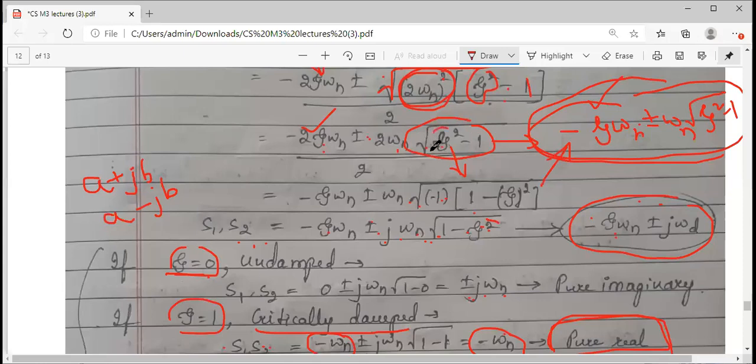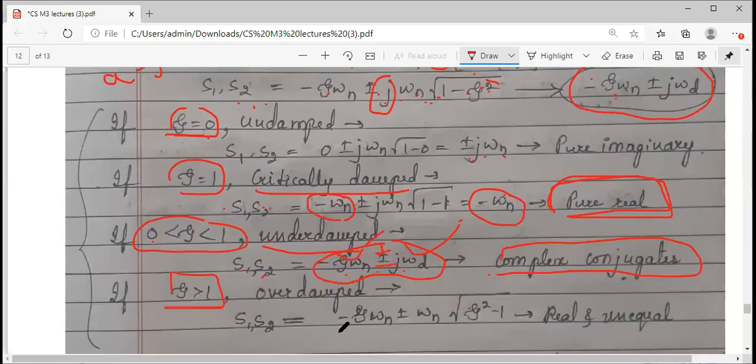When j will come, zeta should be less than 1. If it is less than 1, you get a negative term here. The root of a negative means a j term comes out. That's what we have done here, taking minus 1 common, we got j. So I will take as it is zeta greater than 1, because the root will be positive. There is no imaginary term here.